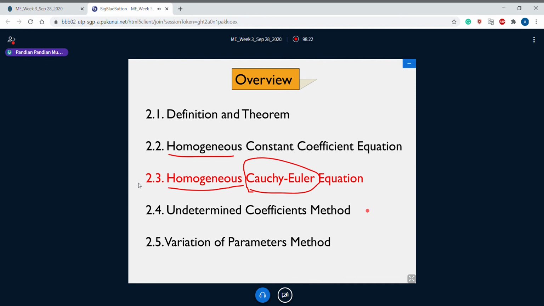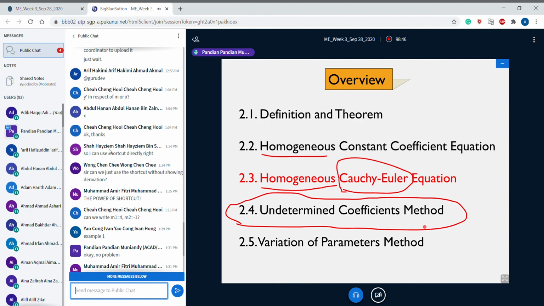Now, 2.4, we are not going to do it today, but I just want to explain what this 2.4 is. 2.4 is to handle non-homogeneous constant coefficient equations. Basically, that is the objective of the undetermined coefficient method.